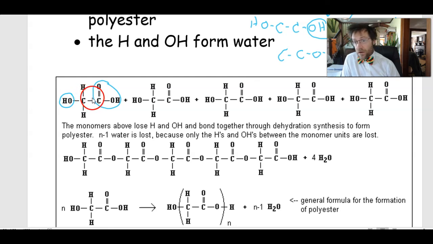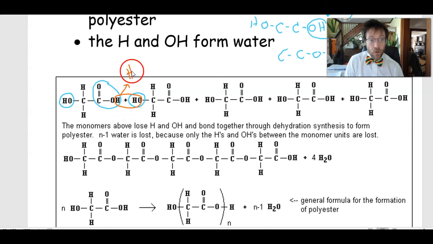And so you put them in a beaker, you shake them up, and what happens is when the acid end bumps into the alcohol end, you get two hydrogens and one oxygen very close to each other. And that makes water. Because remember, anytime you take two hydrogens and an oxygen, you're going to make water because it's super duper stable and nature loves that.